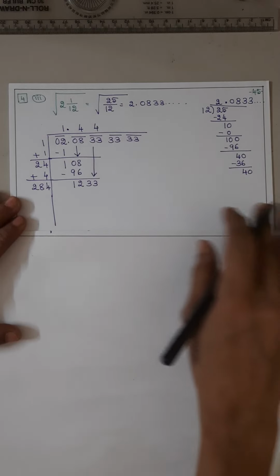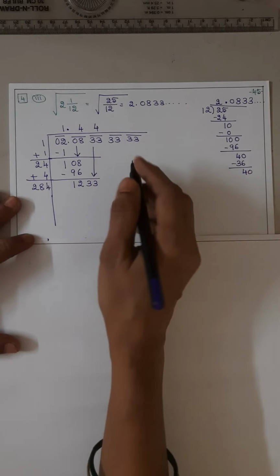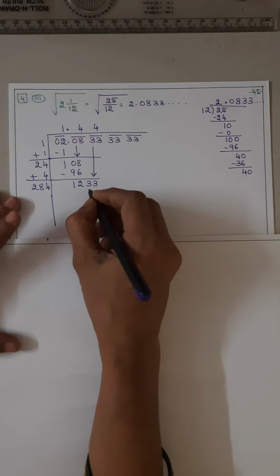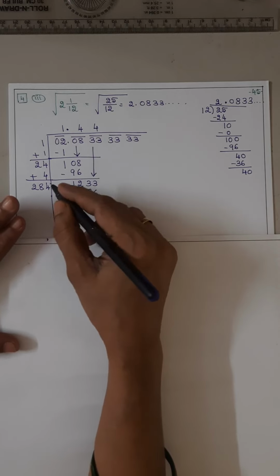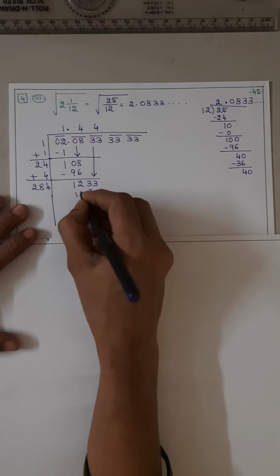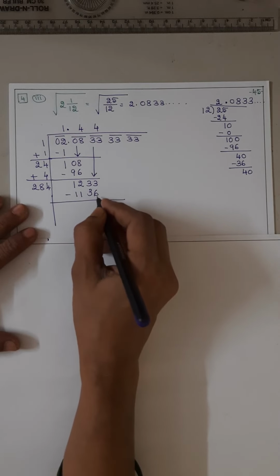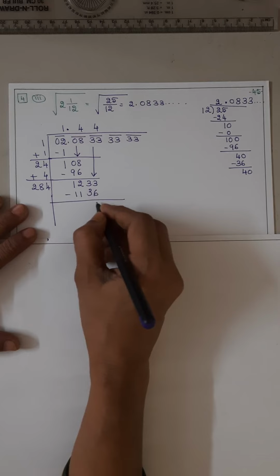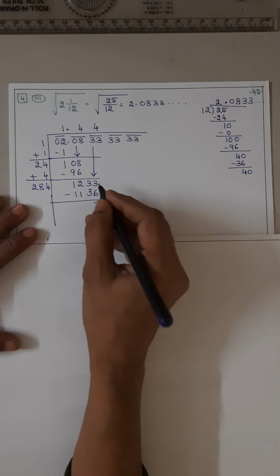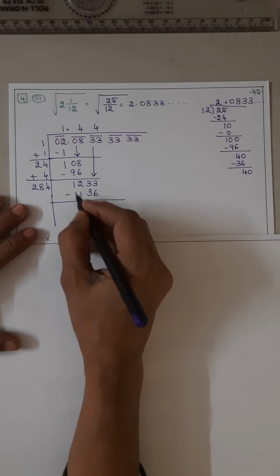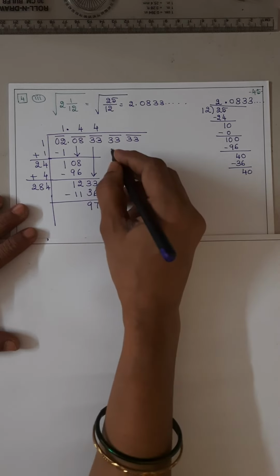You have to try all that in the rough work. 4 4s are 16. 4 8s are 32, 33. 4 2s are 8, 9, 10, 11. Now 13 minus 6 is 7. 12 minus 3 is 9. 1 minus 1, 0.